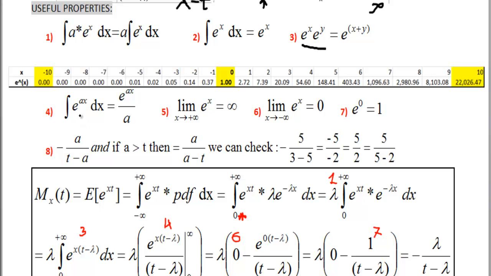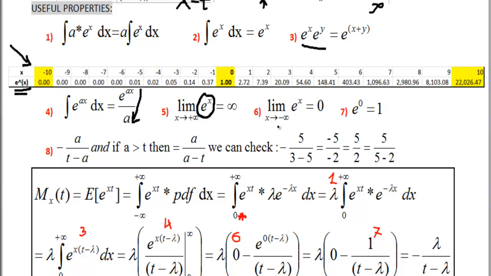Then integral of e to ax, where a is a constant, evaluates to this, where the constant comes into the denominator. What happens to this expression when x tends to infinity? Well, it also tends to infinity.